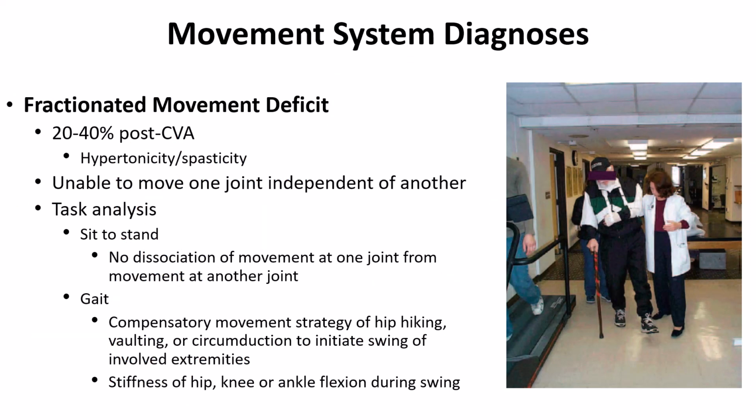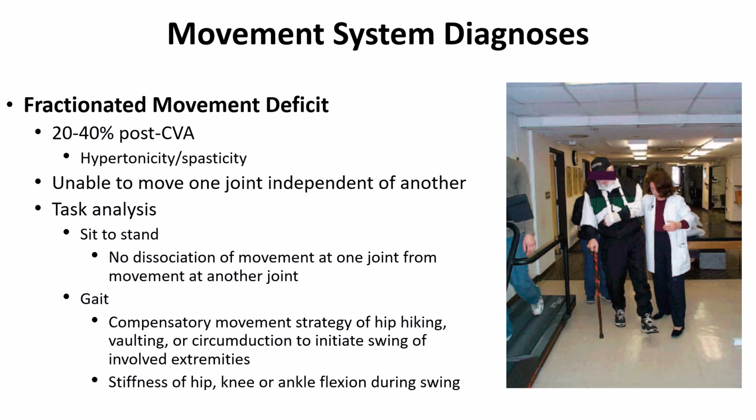Moving on to another movement system diagnosis. This is another one we've talked about a bunch, and that's the fractionated movement deficit. We've talked previously that upper motor neuron lesions may progress to hypertonicity or spasticity post-stroke, and you should know that only about 20 to 40% of patients post-stroke actually progress to hypertonicity.